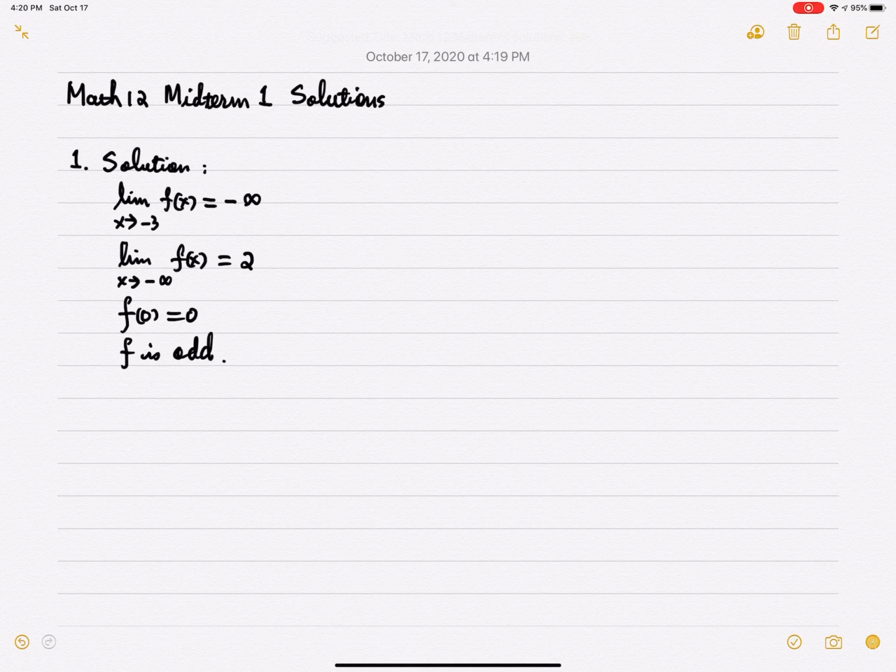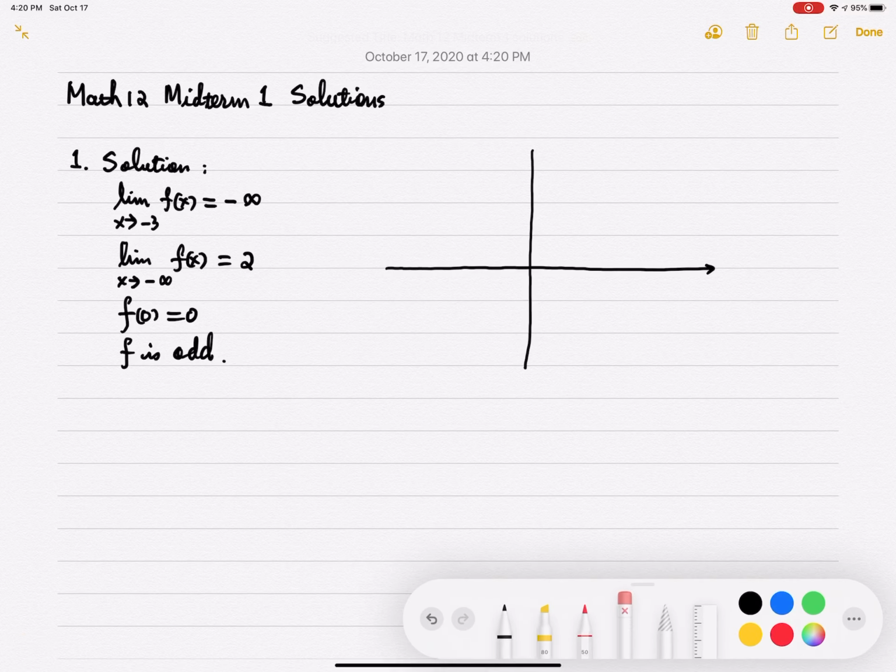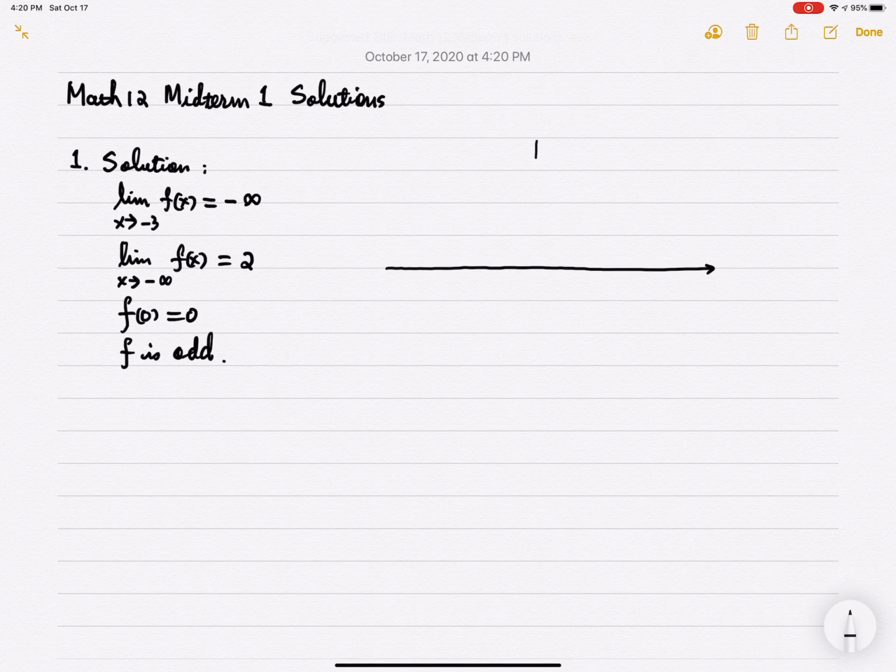We ask you to give an example by drawing a graph. Suppose this is the x-axis, and this is the y-axis.